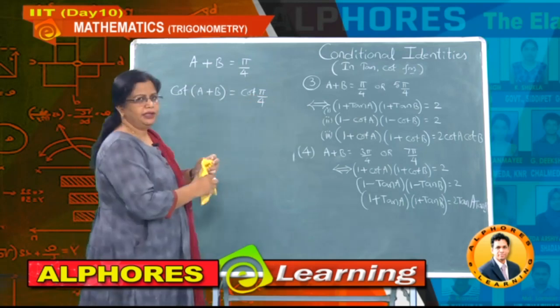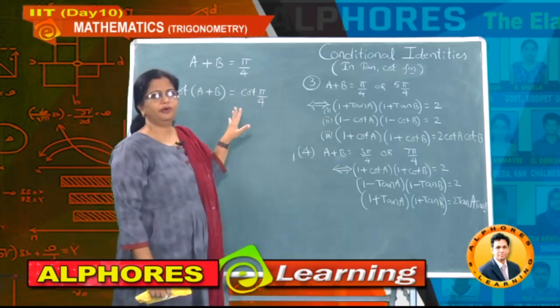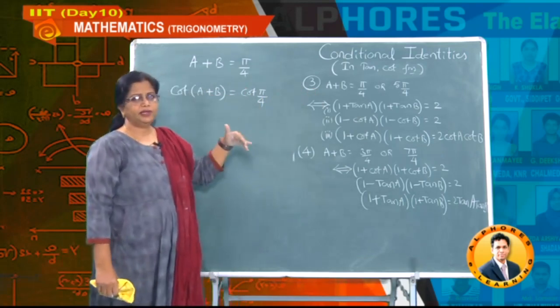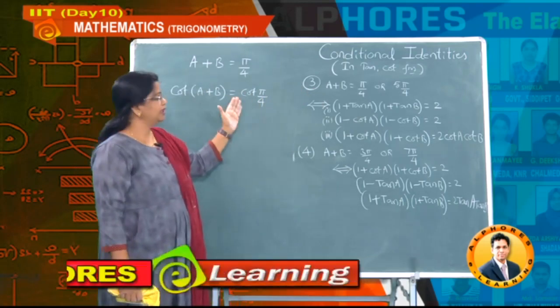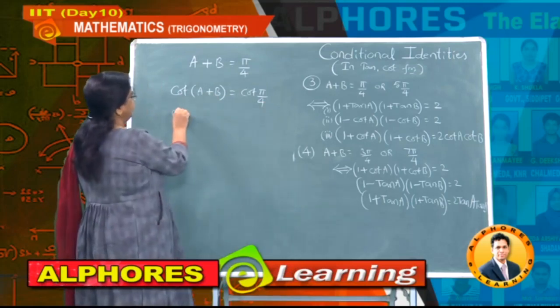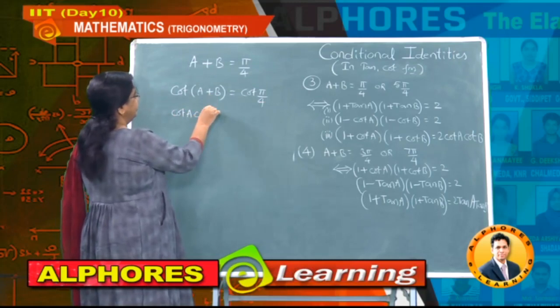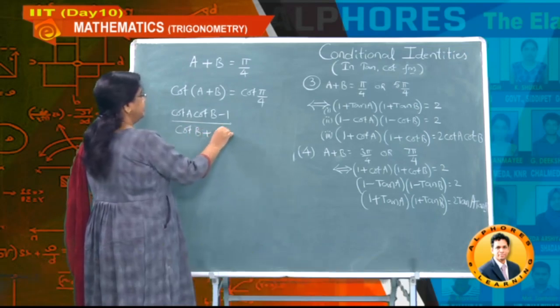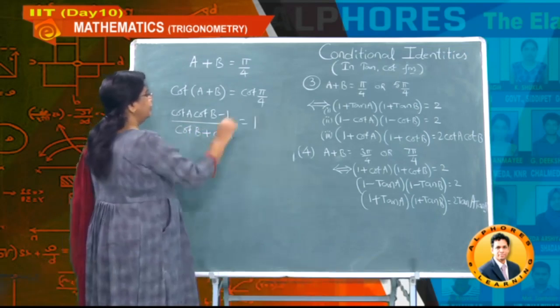Even if it is taken as 5 pi by 4, no error, because 5 pi by 4 is falling in the third quadrant, there pi plus pi by 4, again you will get cot pi by 4. Now, what is our formula? Cot A cot B minus 1 divided by cot B plus cot A. Understand? And now, this value is equal to 1.